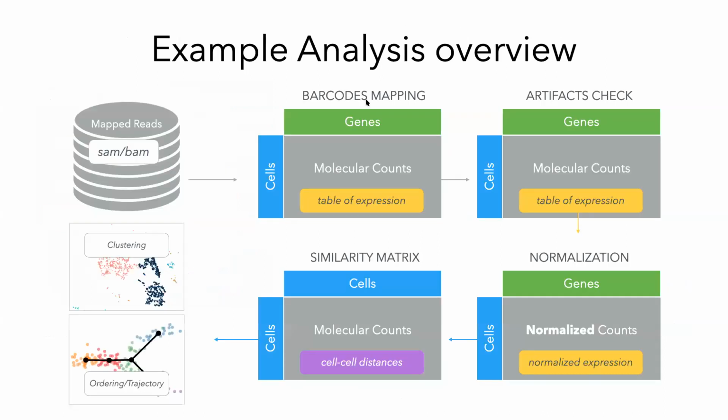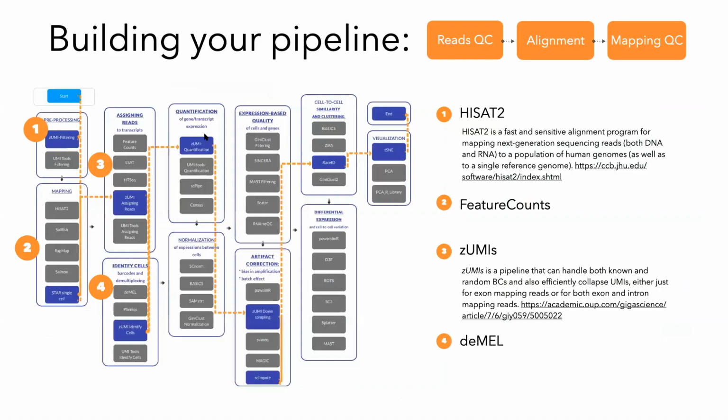So now, again, we are going through this process of RNA-seq processing. We build the pipeline. First of all, as you saw, there are a number of different types of approaches. So we use STARsolo for mapping on the reference genome. This is a mouse genome.